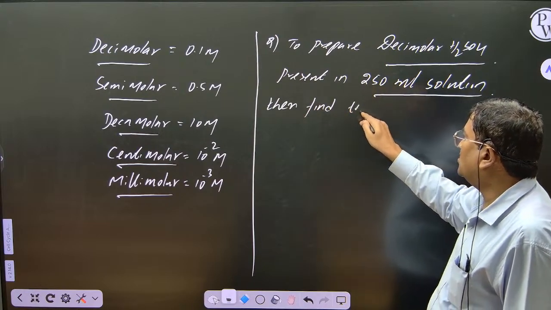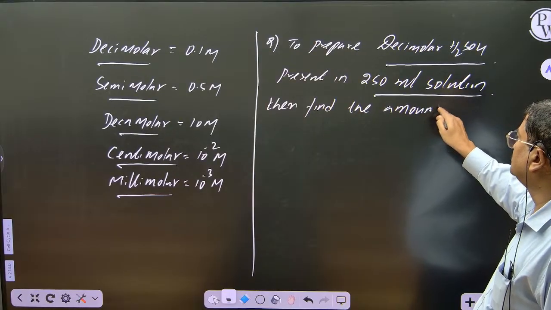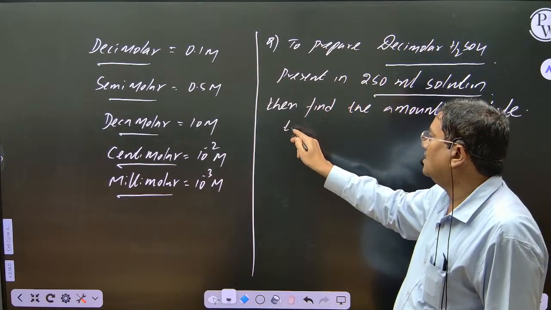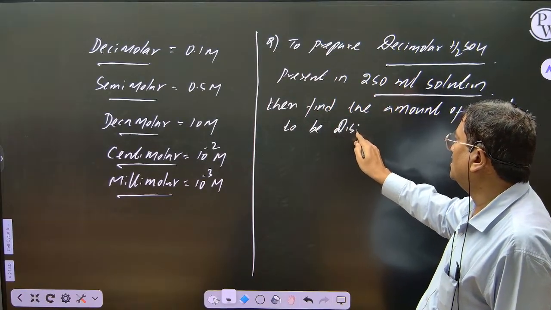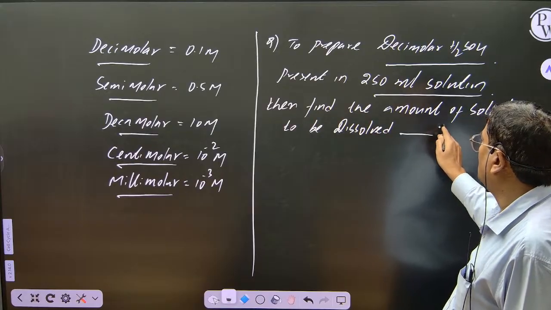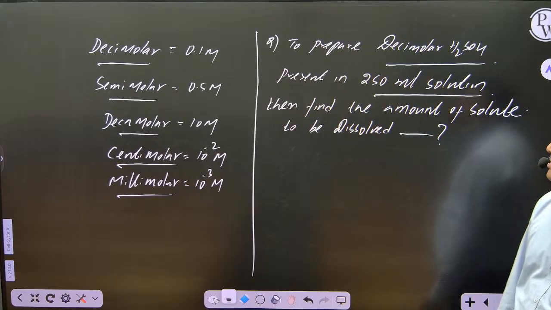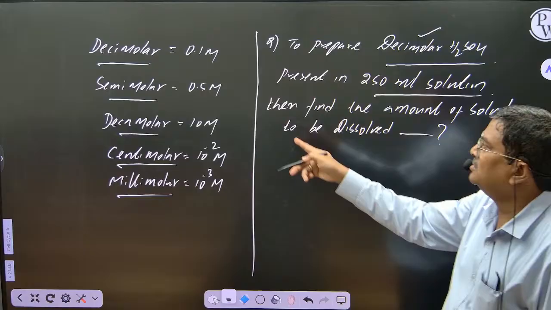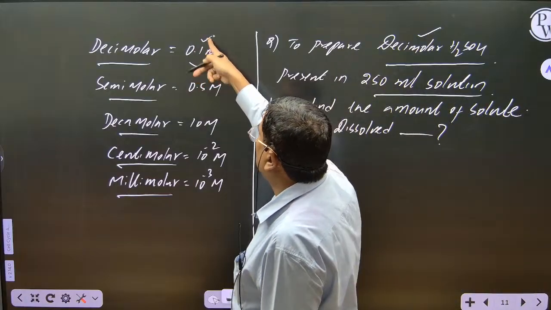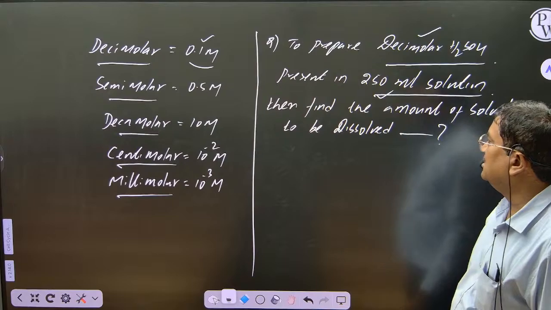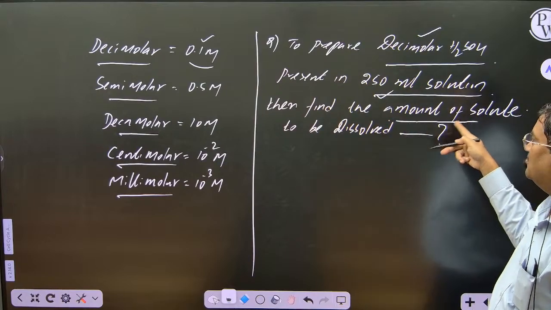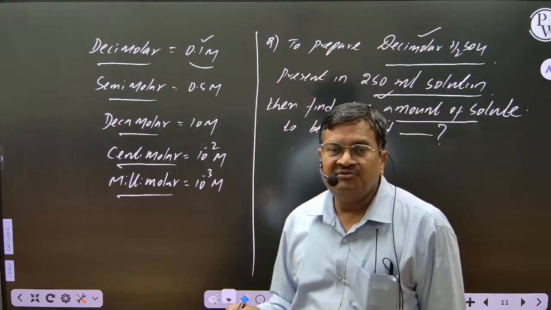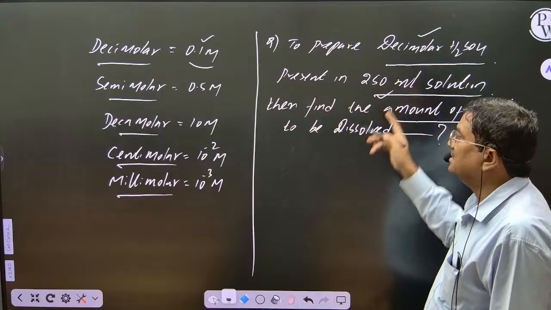Did you understand the question? We want to prepare decimolar, which is 0.1 molar, of 250 ml. So how much sulfuric acid do you have to dissolve in 250 ml in order to prepare decimolar?